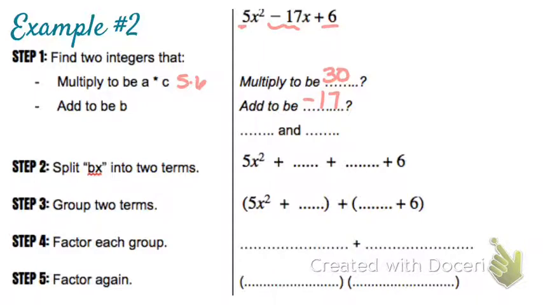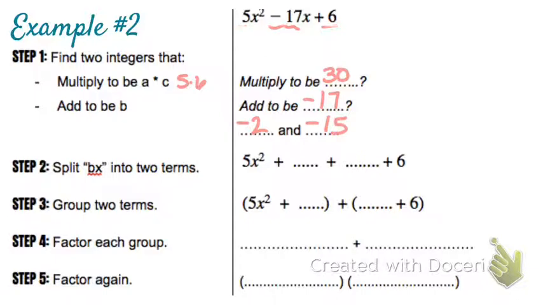So if I try -1 and -30, that's going to give me -31, not -17. If I try -2 and -15, when I add those together, it gives me -17. That's it. So -2 and -15.